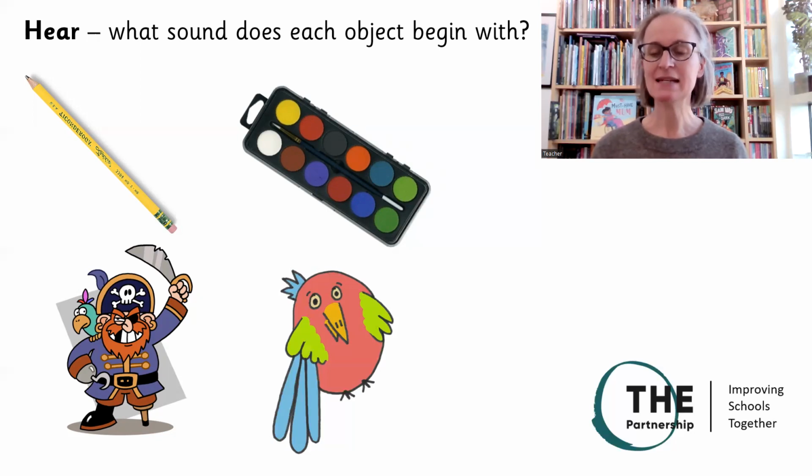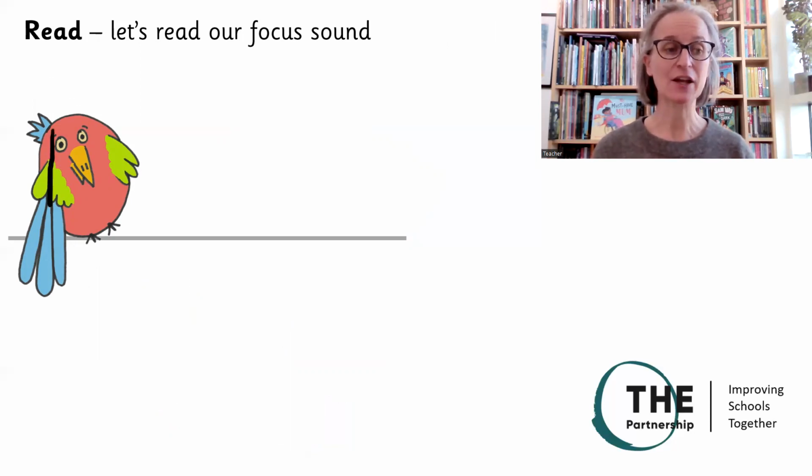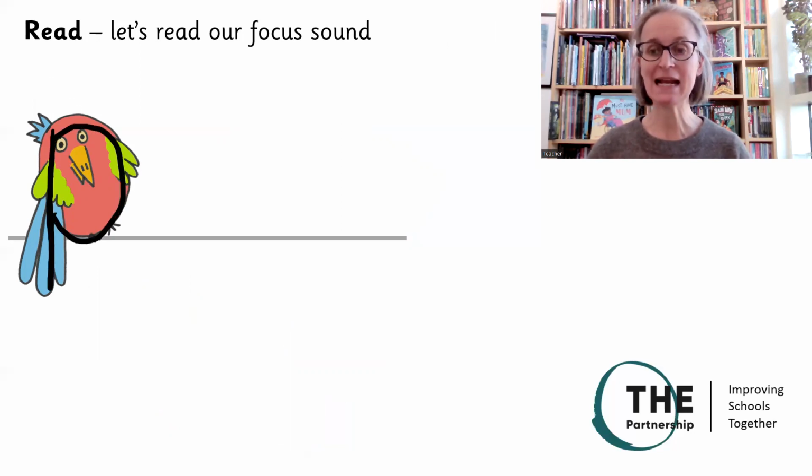Brilliant. Now let's see how the sound P is formed so we can read it. We can see we have our P, P, parrot. Can you say that? And if we start at the parrot's hair and go down its tail and back all around its body, we've written a letter. Let's look at that again.